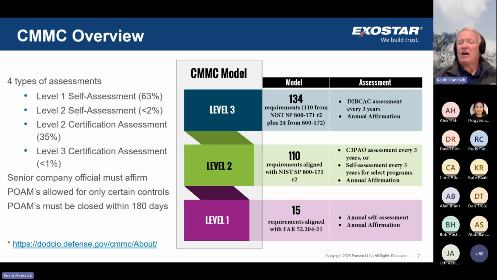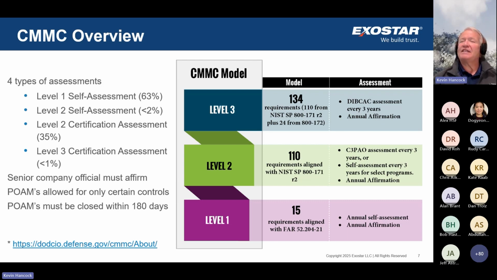Those 15 requirements are a self-assessment that you meet those requirements, and then an annual affirmation from a leader in the business that you continue to do that. Now, level 2 is bifurcated. What that means is there are kind of 2 level 2 kinds of organizations. One of those will allow a self-assessment, but that's a very small portion of the level 2.